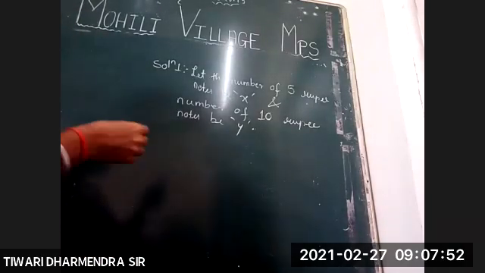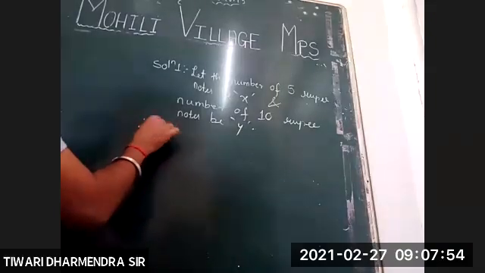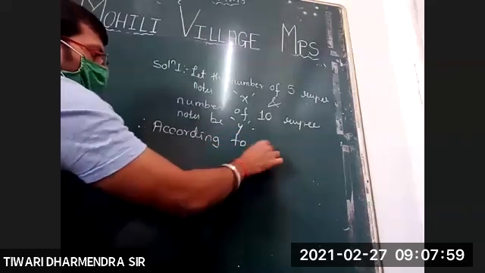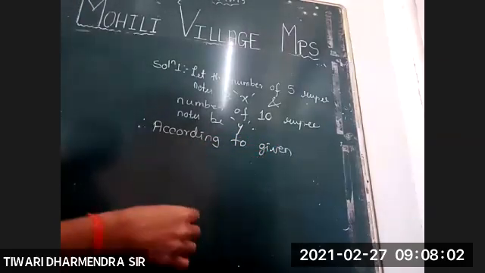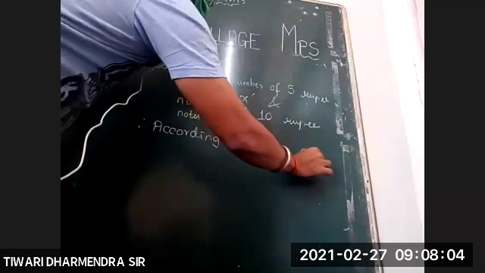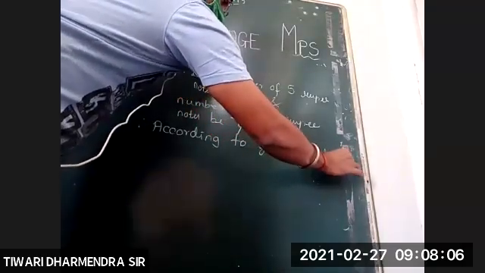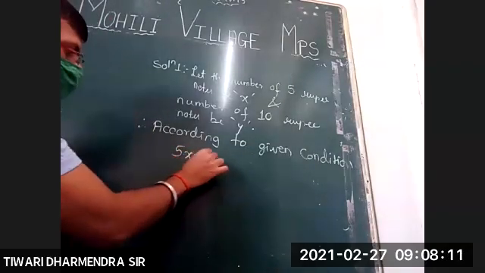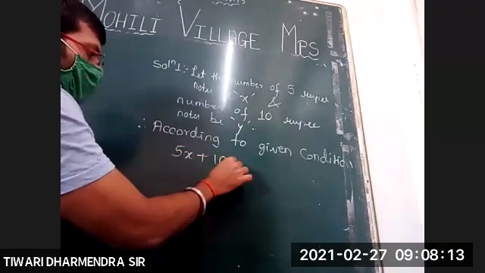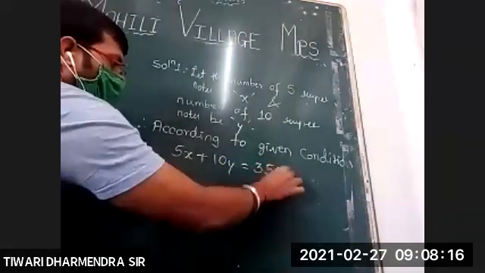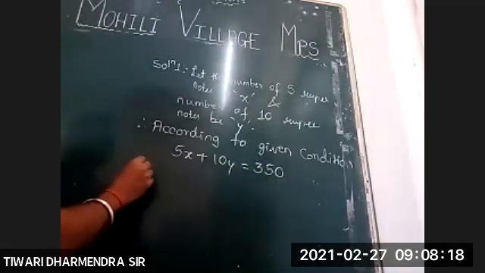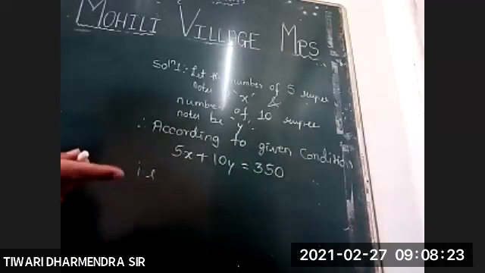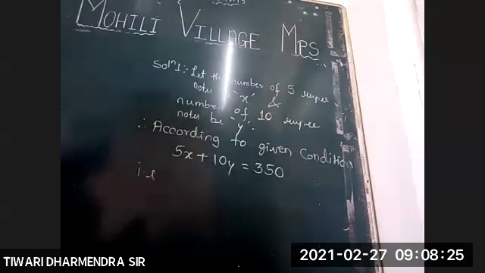So therefore, according to given condition, 5 into x plus 10 into y forms amount of 350. So we can write this as, taking 5 common, or you can divide by 5 throughout.